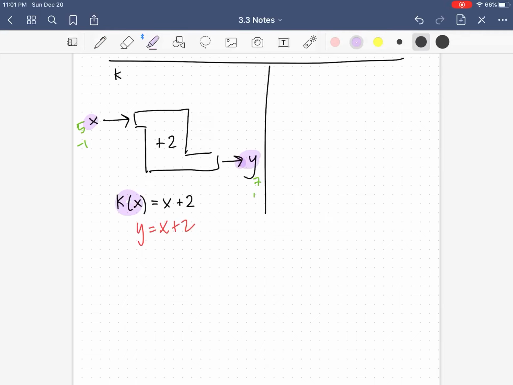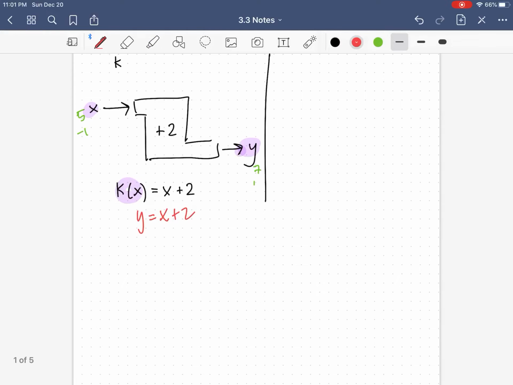But now we have a more precise language, k of x. When we use this notation, it preserves some information, because now I can say k of 5, when I input 5 into that machine, 5 plus 2, or 7, came out. Now when we look at our answer, I can see the input was 5, and the output was 7. So it preserves a little bit more information.